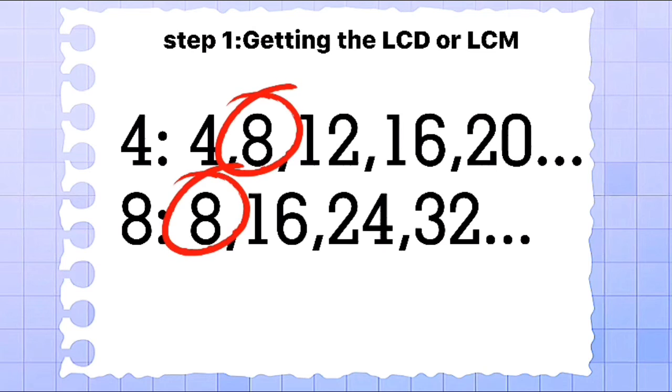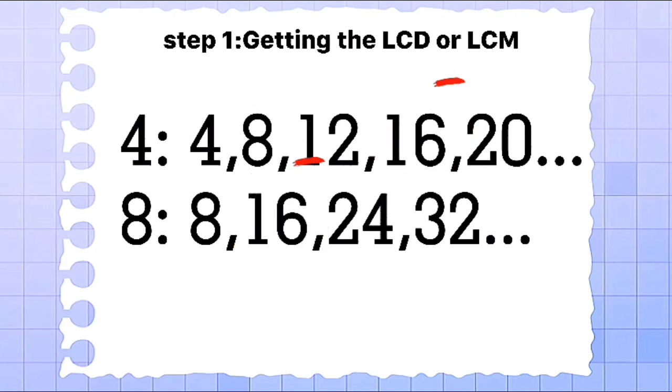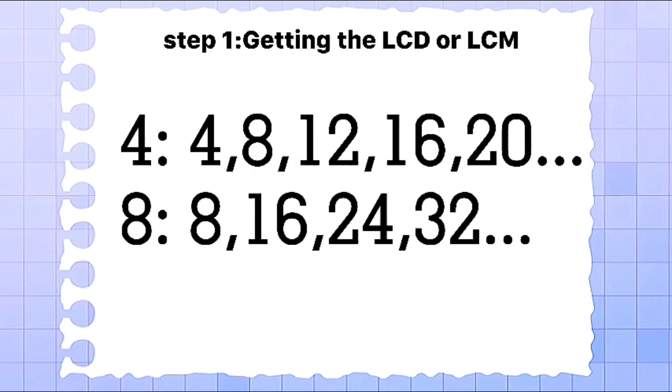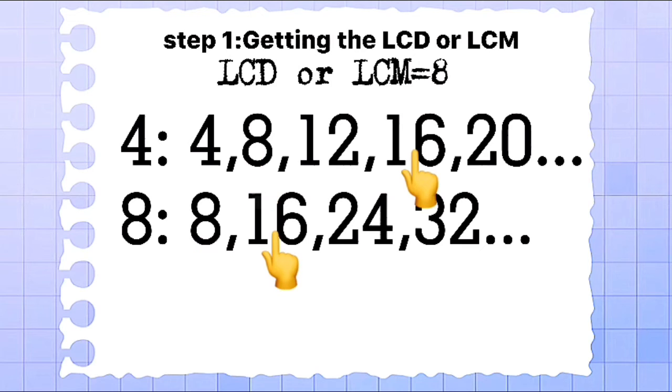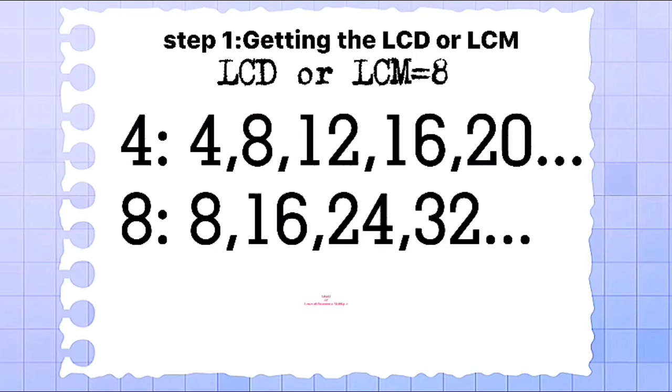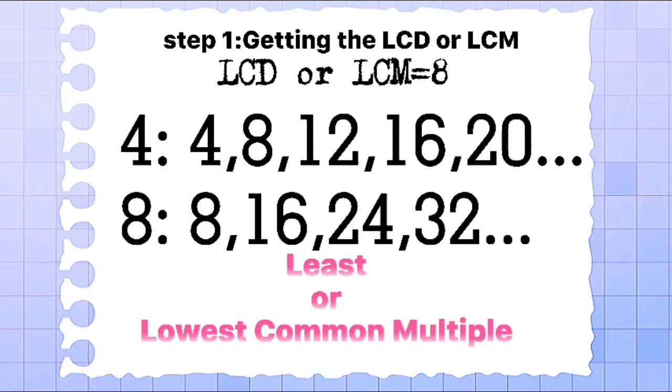These are 8 and 16. The LCD or LCM of 4 and 8 is 8 and not 16. This is because 8 is less than 16 in symbol, and we are looking for the least or lowest common multiple.